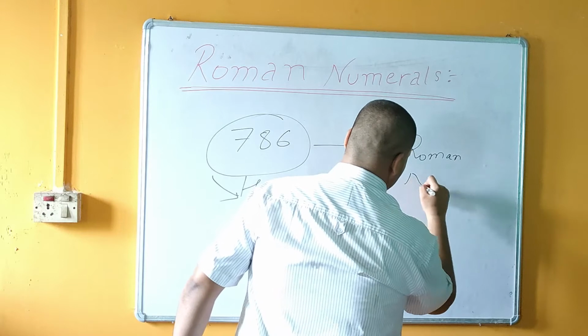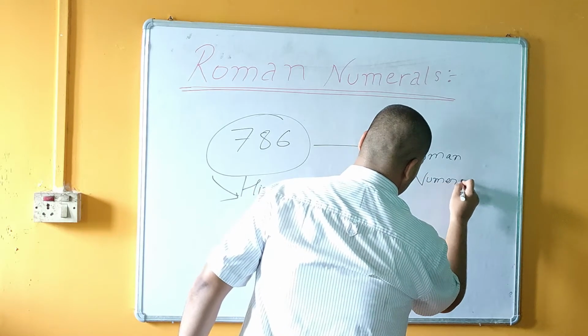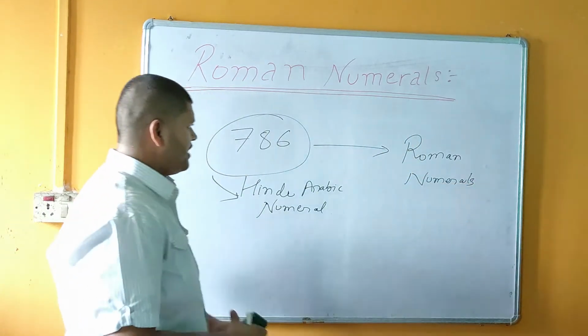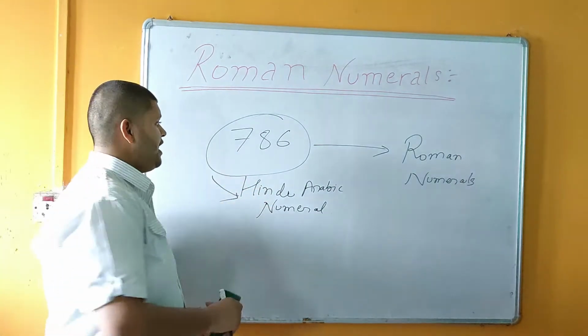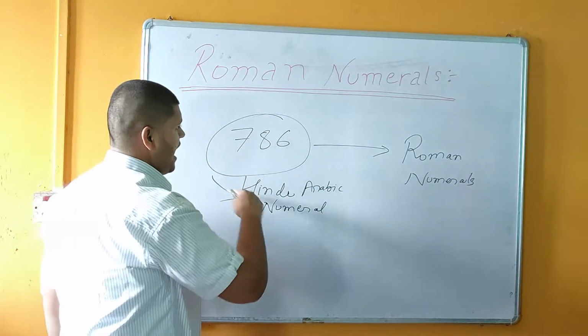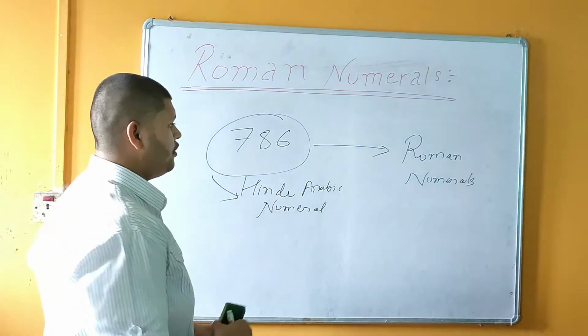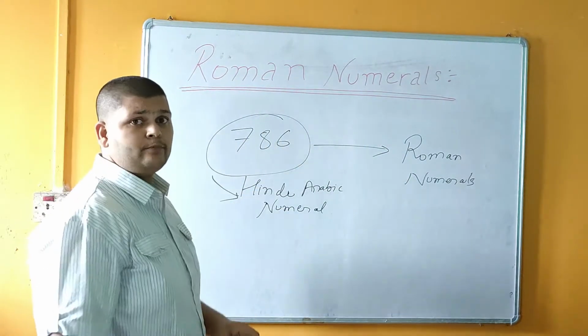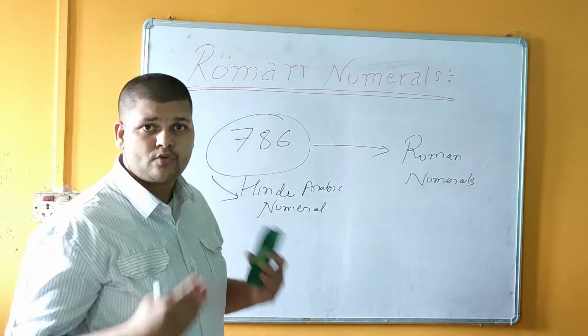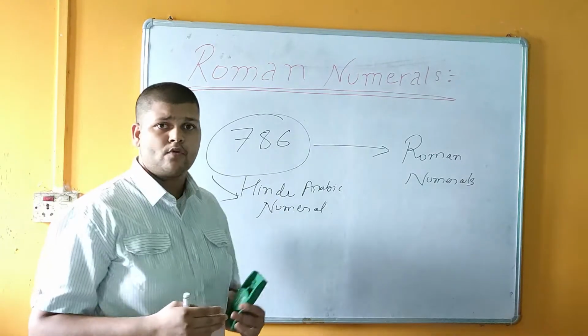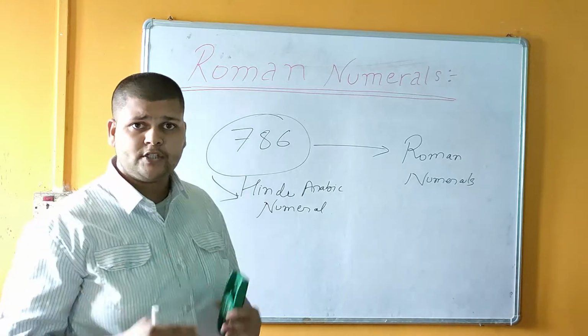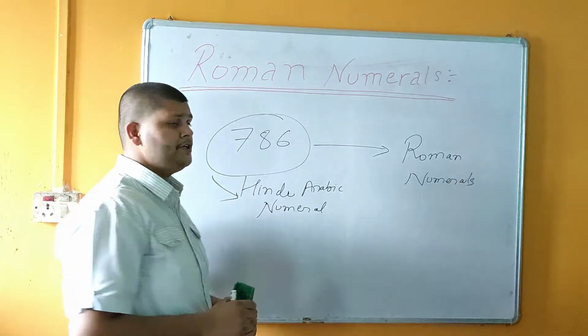To do that, you have to deal with certain rules. There are 6 rules.